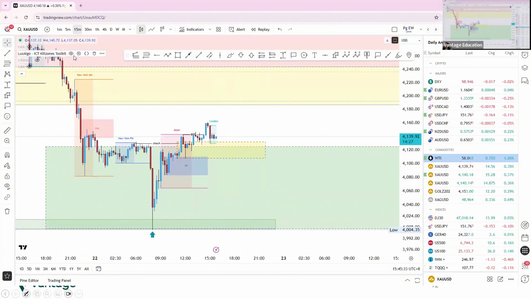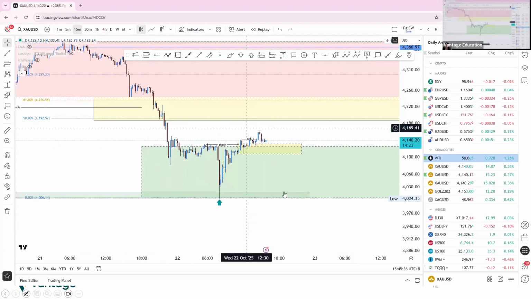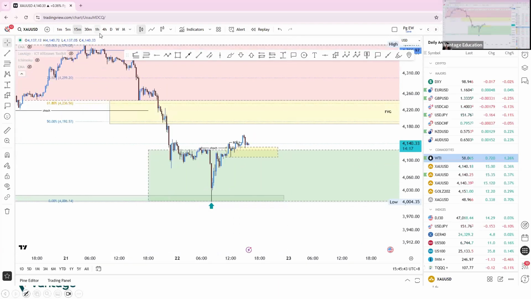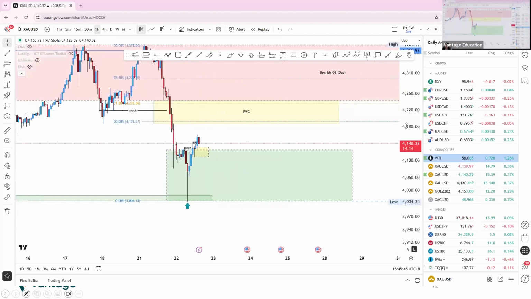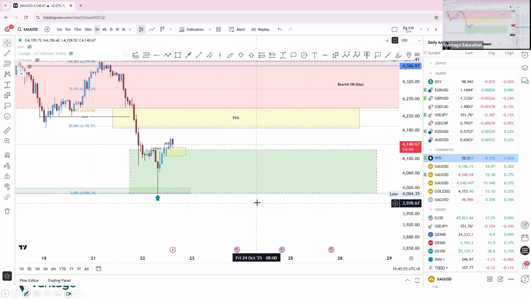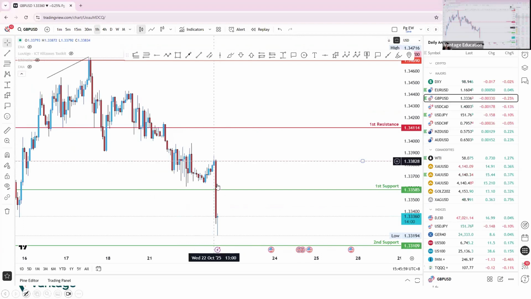Or is this the London open and then it just keeps selling? We need to monitor, but I'm going to look for the sell entry anyway today, which is at these zones. I think there's no major news today, except for the GBP just now.